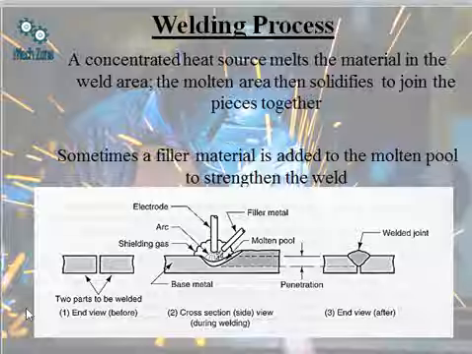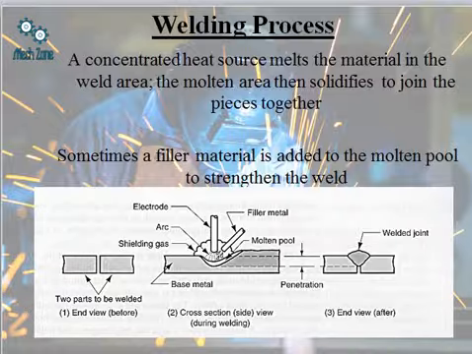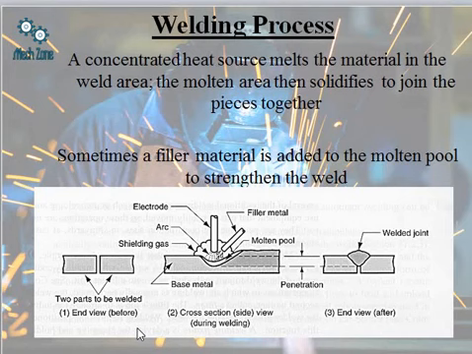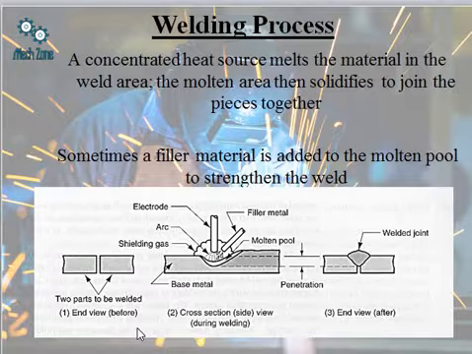So this is a very important point which is to be noted here. The different types of joints which can be created are the butt joint, then we have the lap joint. Okay, so these are the different types of joints which can be obtained by means of welding.